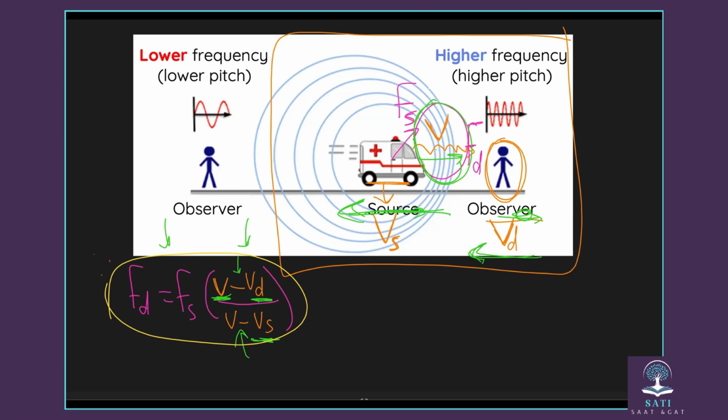And this one is for when all three velocities are in the same direction as the sound. If any velocity is in the opposite direction of the sound, wherever the sound velocity is, or if both of them are in the opposite direction of the sound velocity, then we need to change the sign based on the opposite velocity.